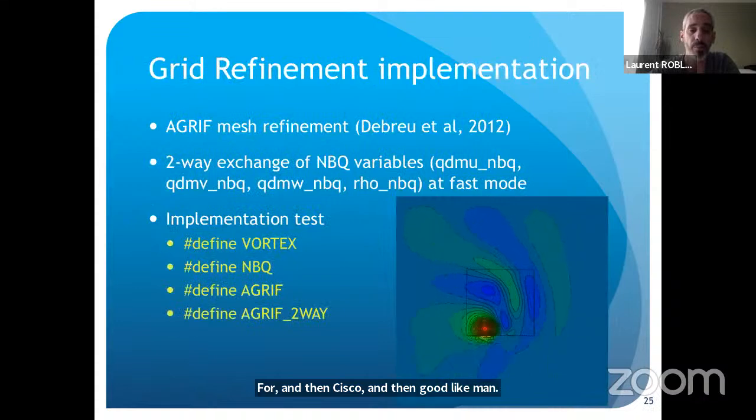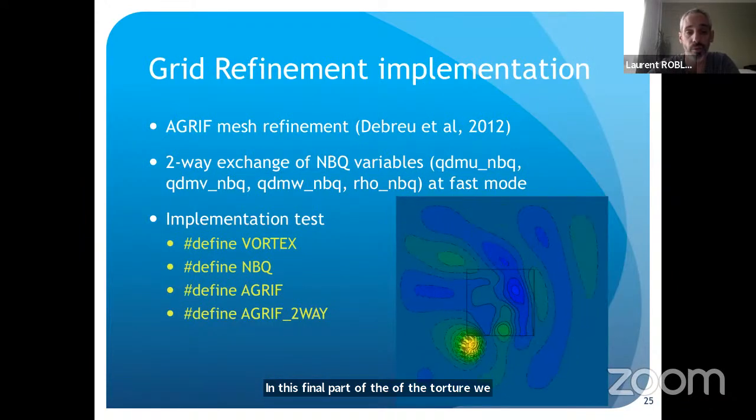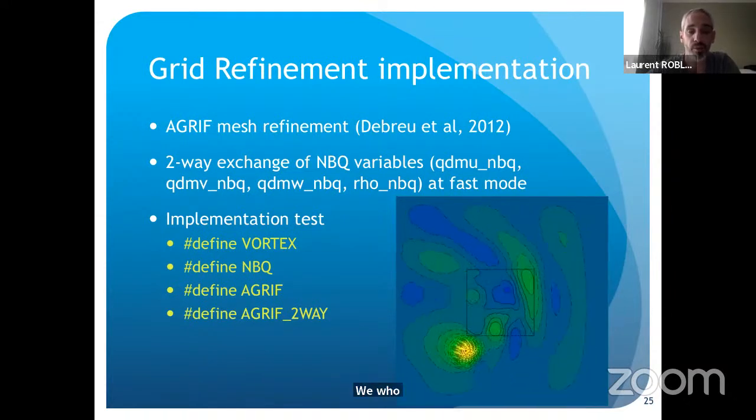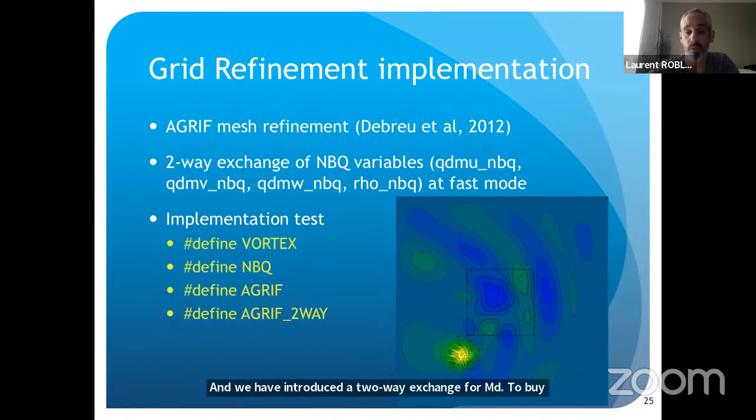In this final part of the talk, we see another development in the NBQ module, which is the grid refinement using the AGRIF library that is already used in the CROCO hydrodynamic kernel. Briefly, we have introduced a two-way exchange for NBQ variables at the fast mode.